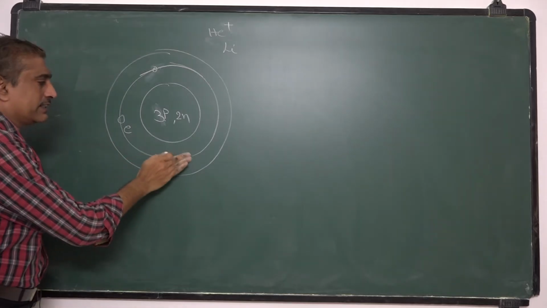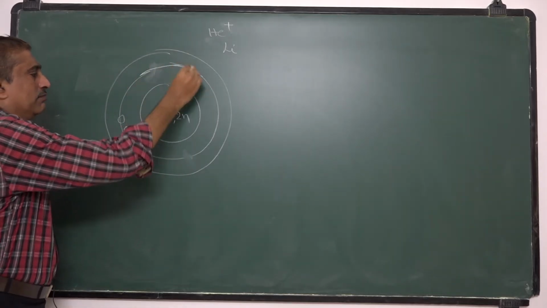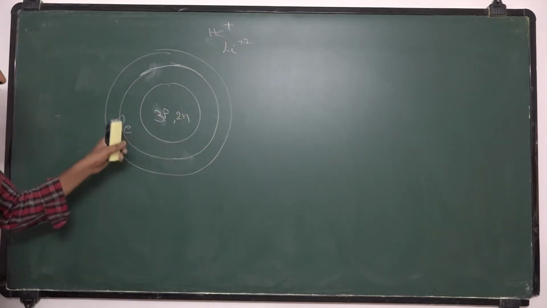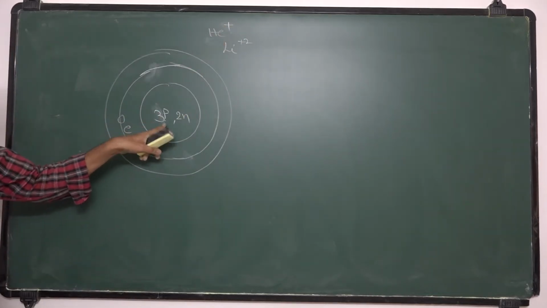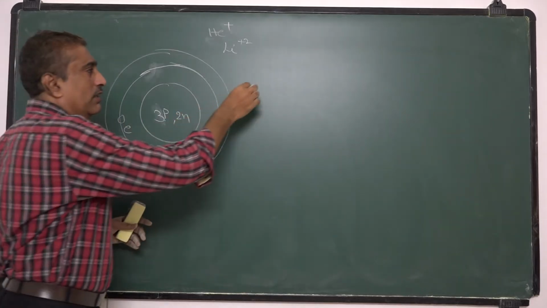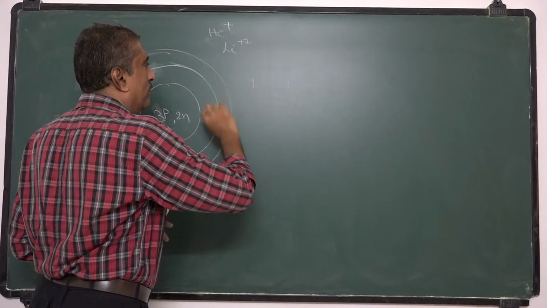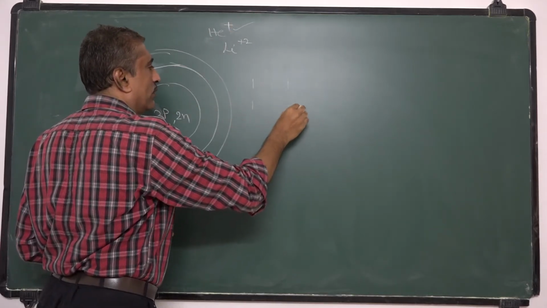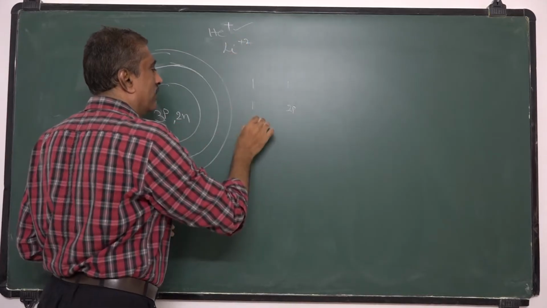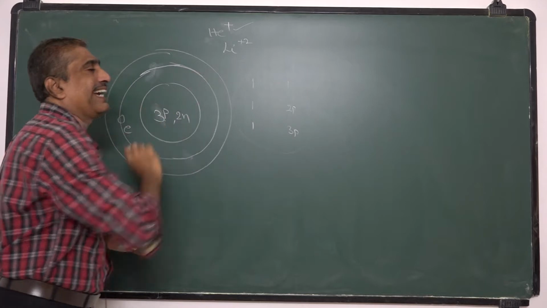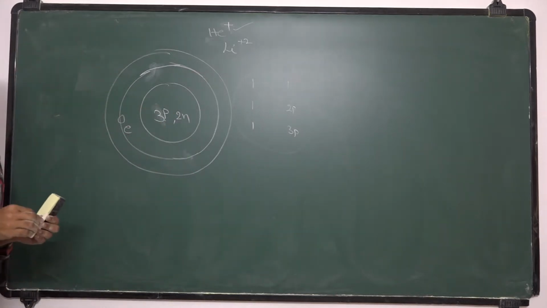If we ionize this, then Li plus 2 is similar to a 1 electron and 3 proton system. So in hydrogen atom we have 1 electron, 1 proton. But for ionized helium, 1 electron, 2 protons, and lithium 1 electron, 3 protons. That means these are called hydrogen-like atoms.